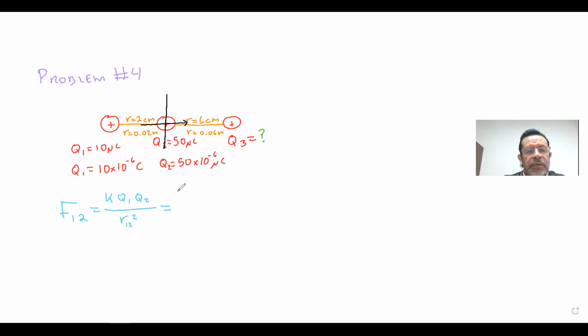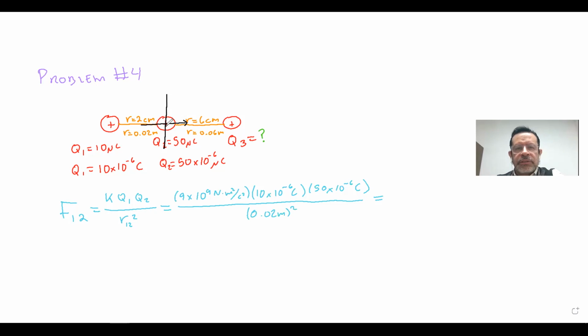And this is going to be 9 times 10 to the 9 newton meters squared per coulomb squared times 10 times 10 to the minus 6 coulombs times 50 times 10 to the minus 6 coulombs divided by 0.02 meters squared. Start doing this calculation.